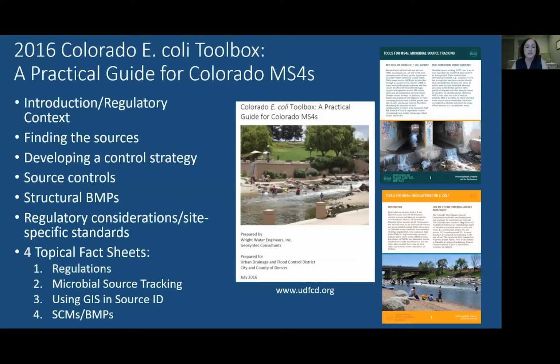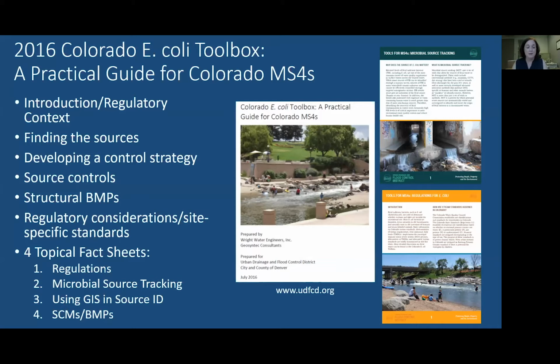And so there's a series of fact sheets there, regulatory summaries, microbial source tracking techniques, and those could include anything from CCTV to using molecular methods like the HF183 human DNA marker.